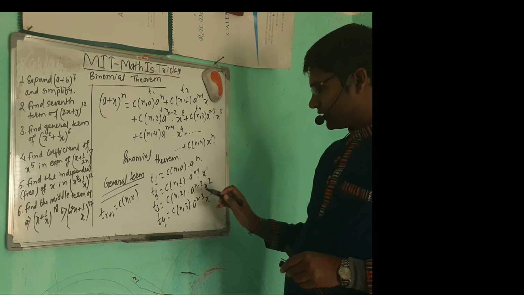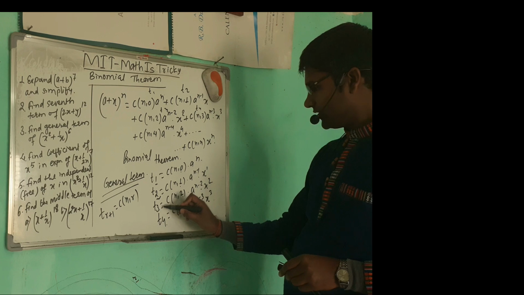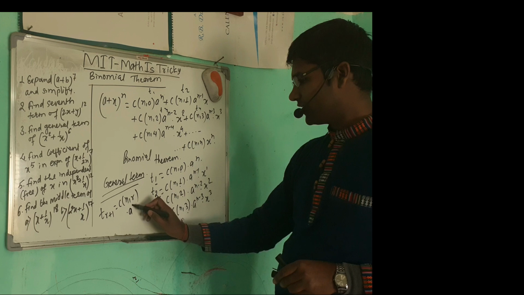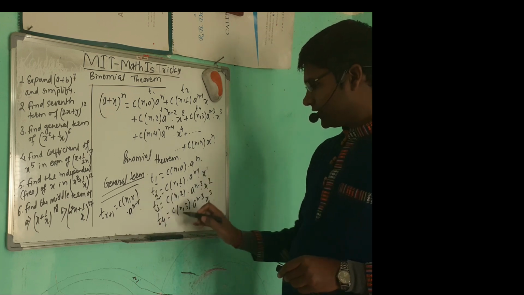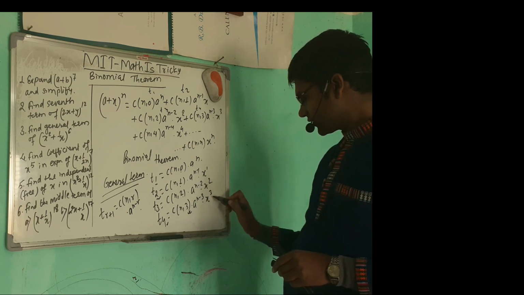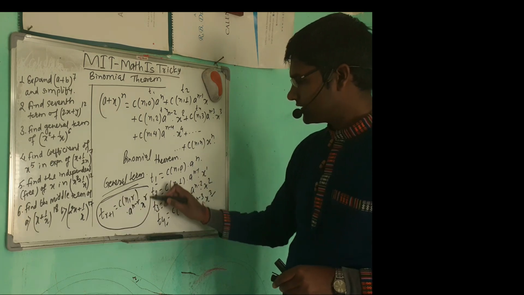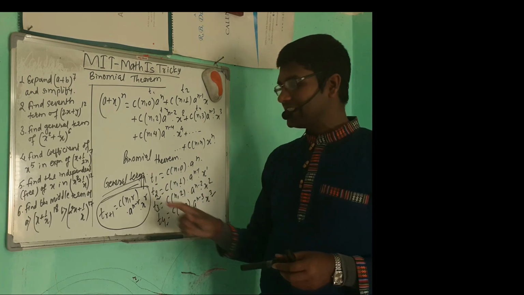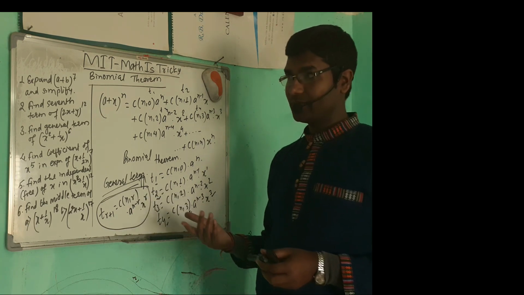In the second term, 2 then minus 1, 3 then minus 2, 4 then minus 3. So it will be a^(n-r), and then x^r. This is called the general term. From t(r+1), the general term, we can find any term: fifth term, sixth term, seventh term, and so on.